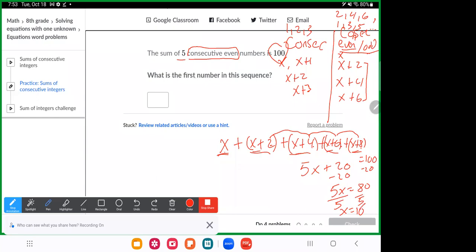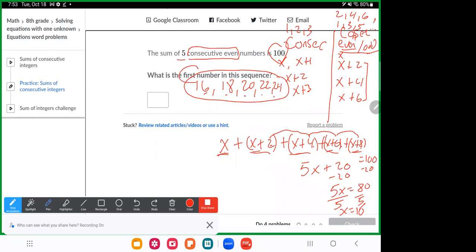It's going to be the 10 and the 16, right? So the first number in the sequence is 16. If it had asked for the second number, that would have been 18. Then the third number is 20. 22 would be the fourth number, and 24 would be the fifth number. So if you add these numbers together, you guessed it, 100.